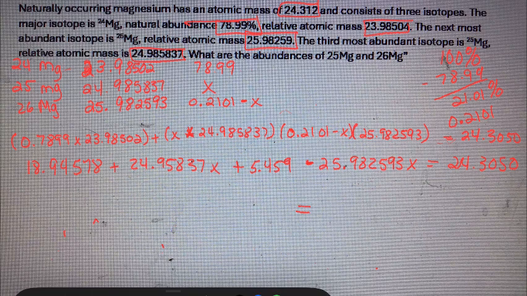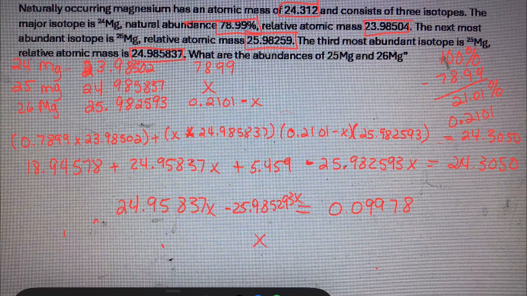When we do that from 24.3050, we should equal 0.09978, and that's going to equal our 24.985837x and our minus 25.982593x.